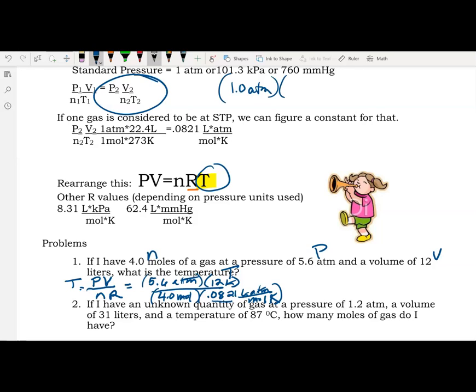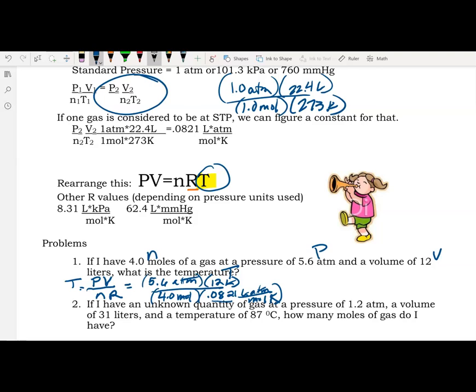We use the volume of 1 mole of gas, which is 22.4. We divide by 1 mole of gas, because that's how many moles we have if we have 22.4 liters. And the temperature at STP is 273 Kelvin. So by multiplying that out and then dividing the top by the bottom, we come up with 0.0821.